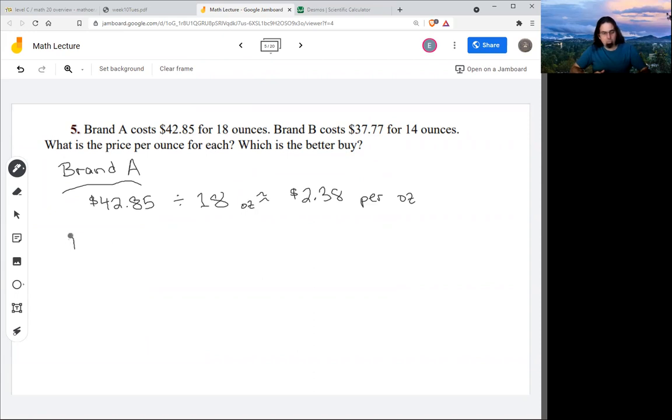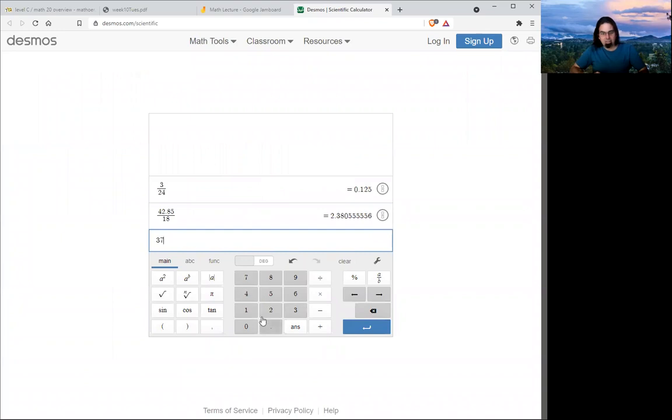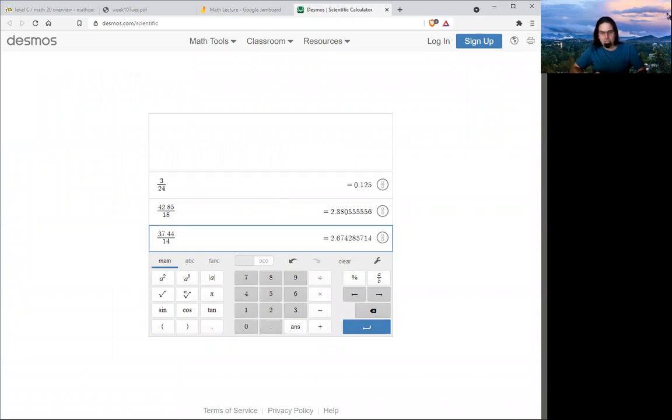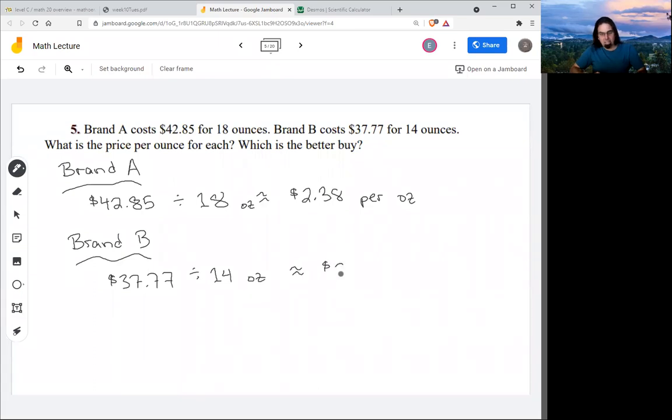And label that ounces. B. $14. Good job, Brandon.